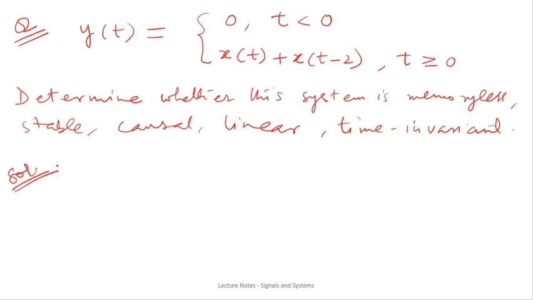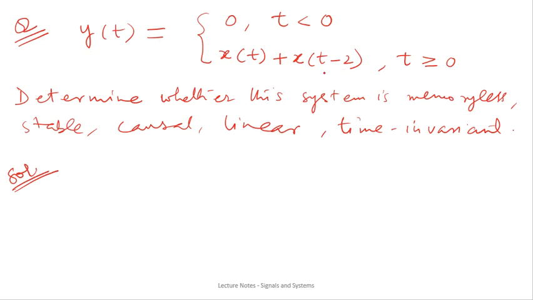First of all, we have to check whether it is memoryless or not. From the input output relationship which is given here, we can see that this system has memory, since the value of the output signal at any time t depends on the present and one past input signal x(t). You can see that y(t) consists of x(t) plus x(t minus 2).